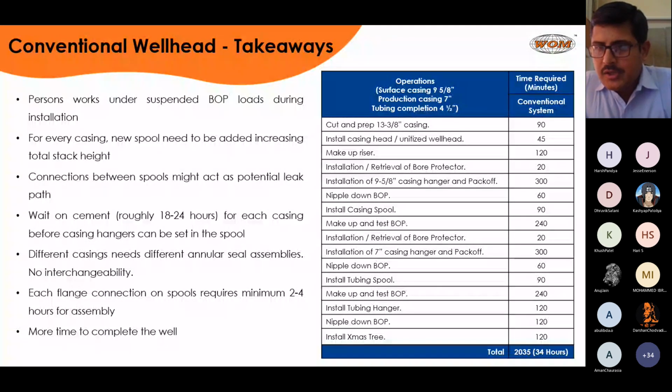Once everything is done, we rig up the BOP and test it, which is around 240 minutes. These are the actual numbers taken from the field for completing this well. Next, before the start of the next well, the bore protector is run, around 20 minutes. Next, the 7-inch hanger and pack off installation takes 300 minutes.